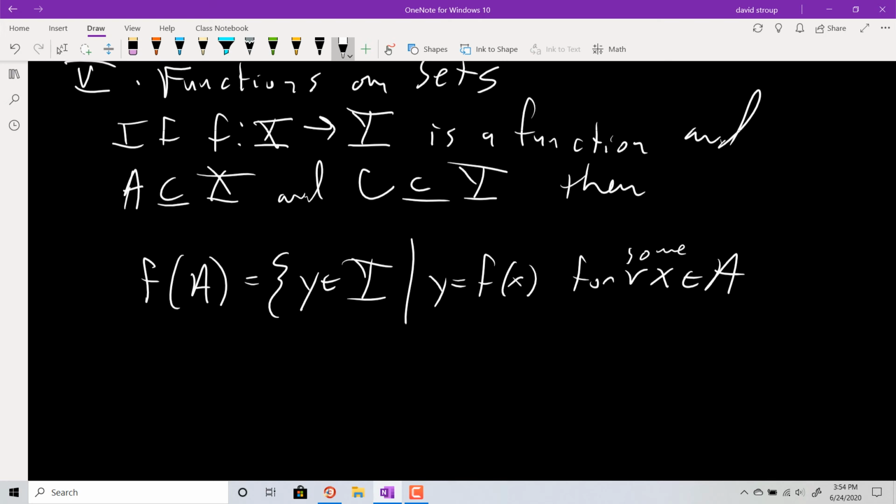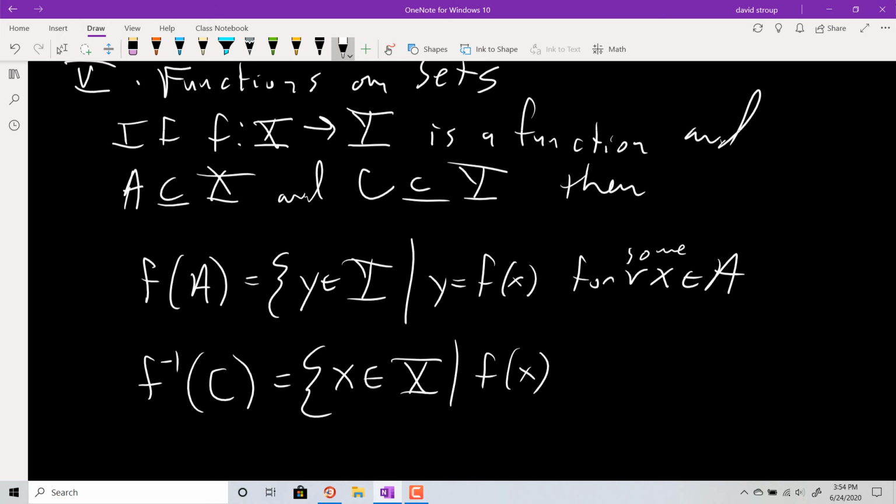And then we can also think about the inverse image of C, which we will write f inverse of C, and that'll be a set of x values, right? So it'll be x in the set big X, such that f of x is then in the subset C.